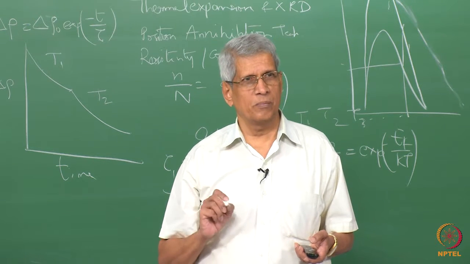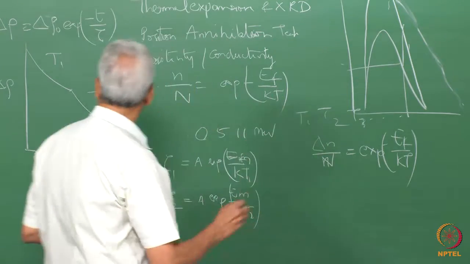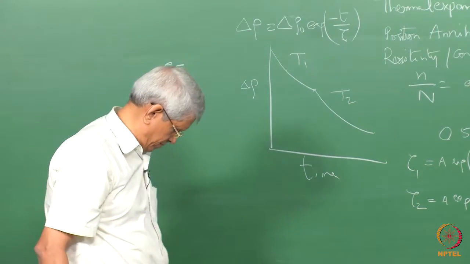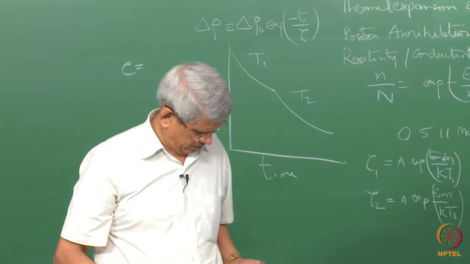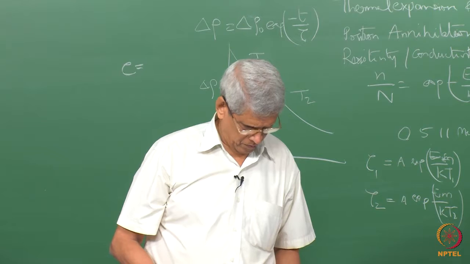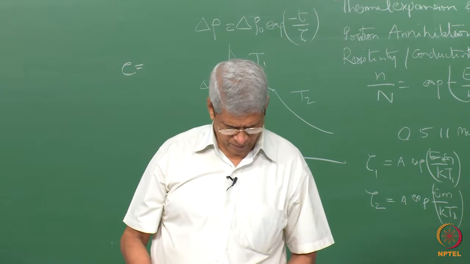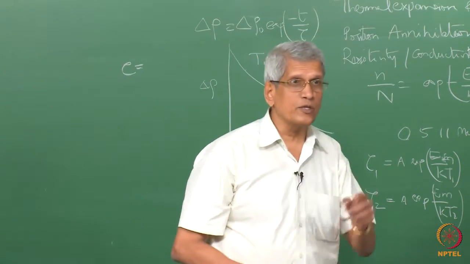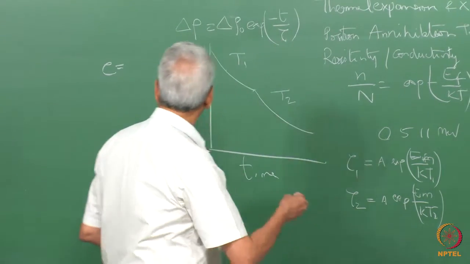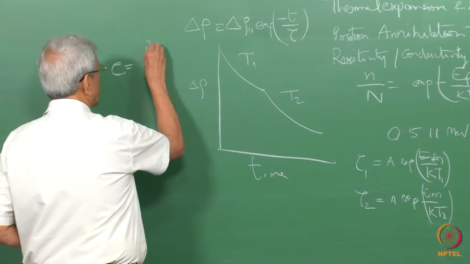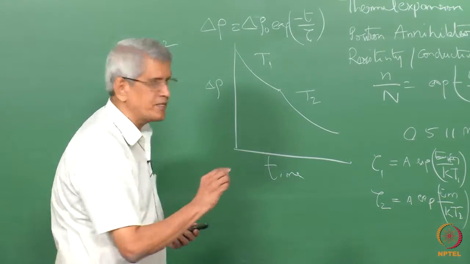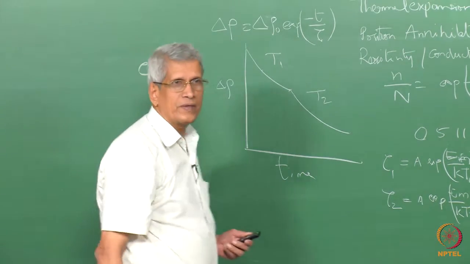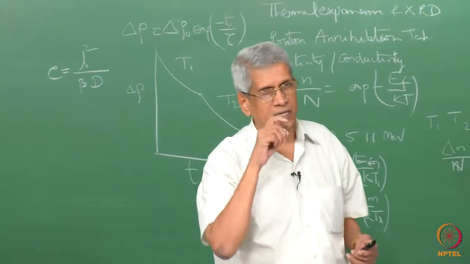Tau depends upon the length which the defect has to travel to reach the sink, a constant beta, and the diffusivity. Diffusivity is fixed at a particular temperature.